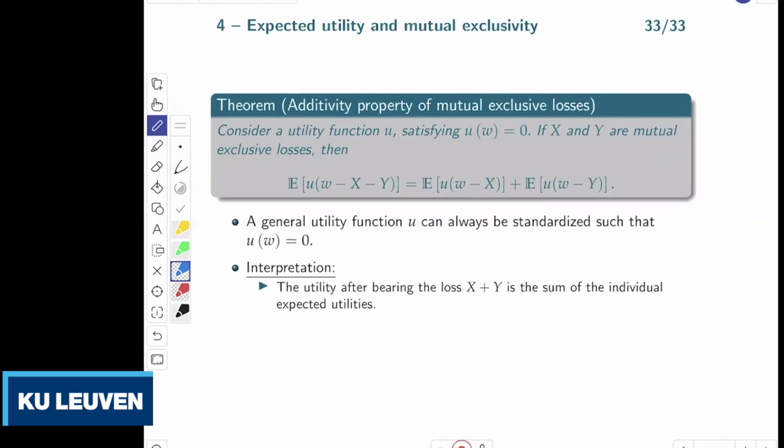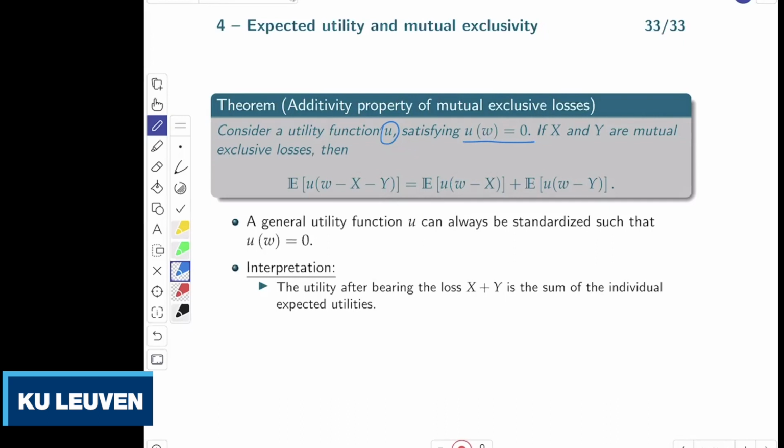So assume that you have a decision maker with utility function u, and just to keep the formula simple, I assume that u(w) is equal to 0. In the course text, which I will upload next week, you will have a proof where u(w) is different from 0, but that's basically the same proof.